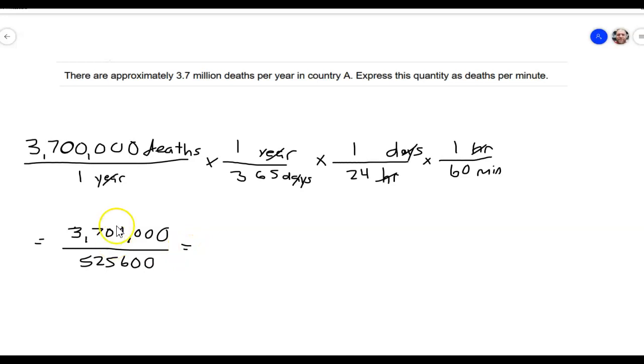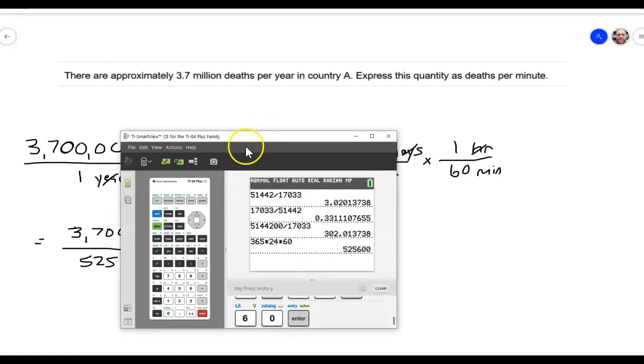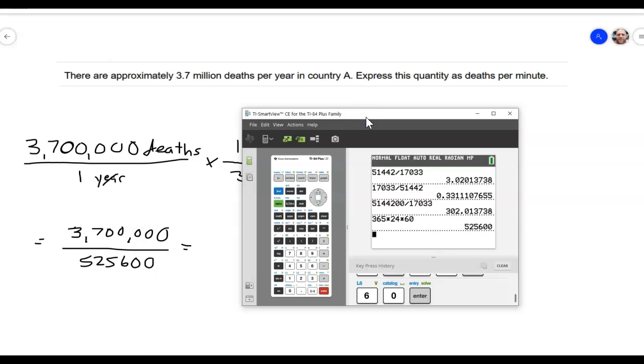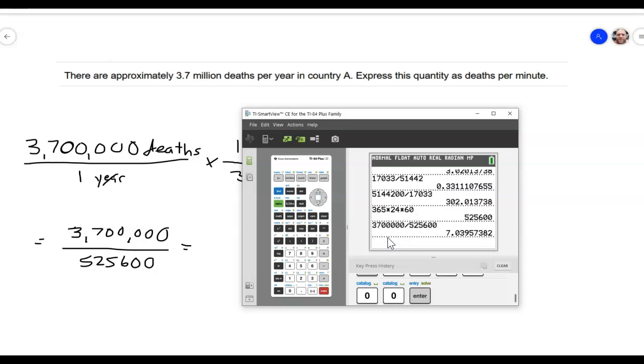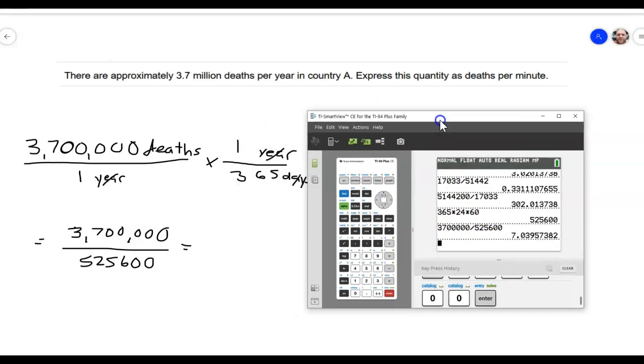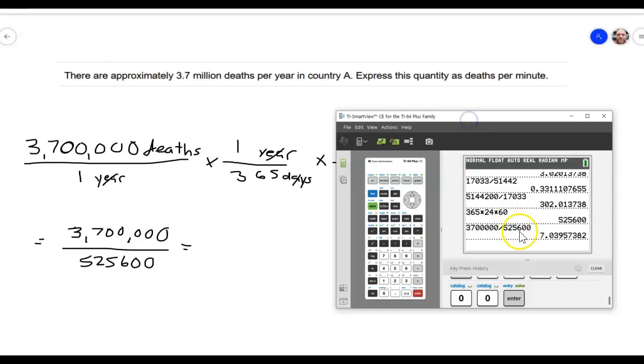And then I'm going to go ahead and do that division there. 3,700,000 divided by 525,600. Let's go ahead and round to the nearest whole number here, because if we were actually giving this statistic out, we would want to say that that's about 7 deaths per minute.